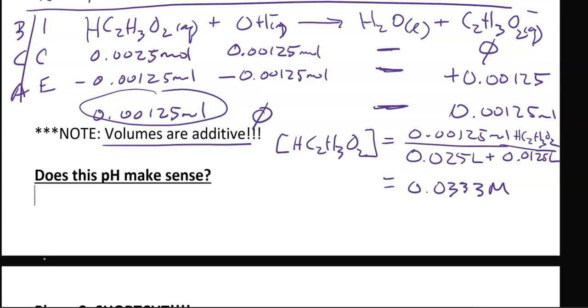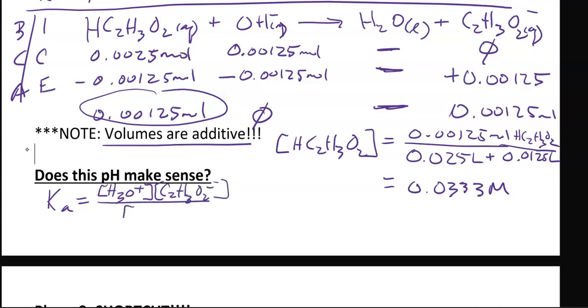Why does this matter? Well, we've got to get the Ka for this and see if the pH that we calculate makes sense. This is a weak acid, right? So this is the molarity of the weak acid, but that's not the hydrogen concentration. Let's write a Ka expression for this. Ka equals, well, what's actually going to happen here? We've got acid that can dissociate or interact with the water molecules to produce hydronium and some amount of conjugate base.